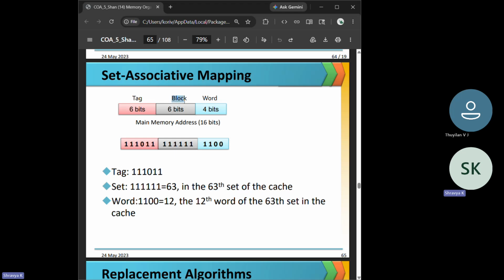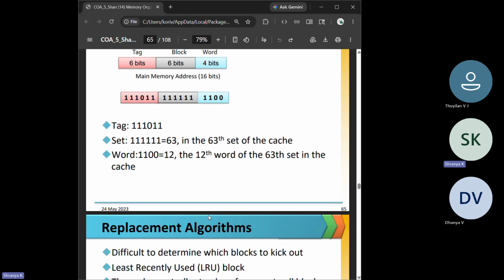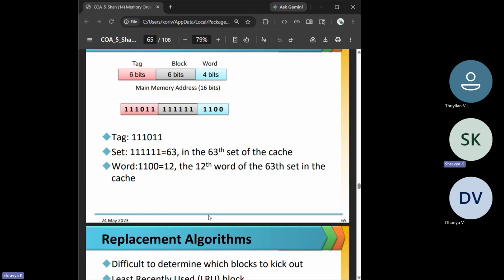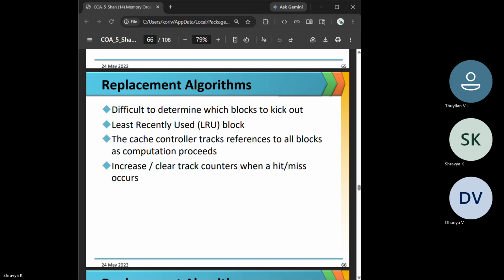The block always tells us where to look in the cache. Since over here it is 63, it will tell us to look at the 63rd set of the cache, right? And then the word will help us identify which word it is within that set, right? So that is how set associative mapping works, right?